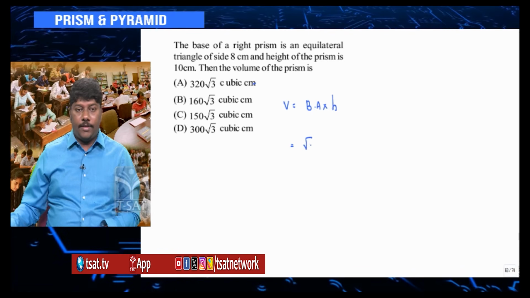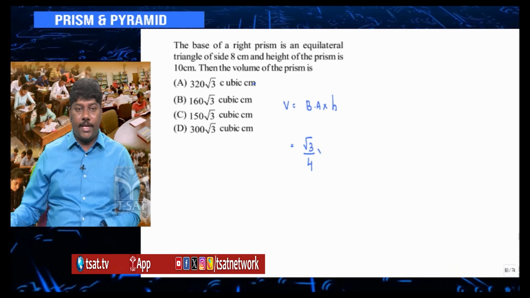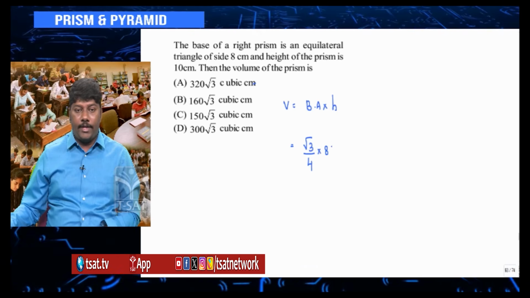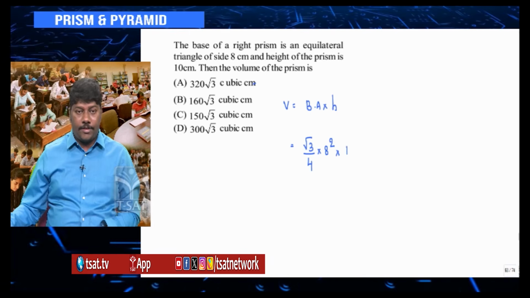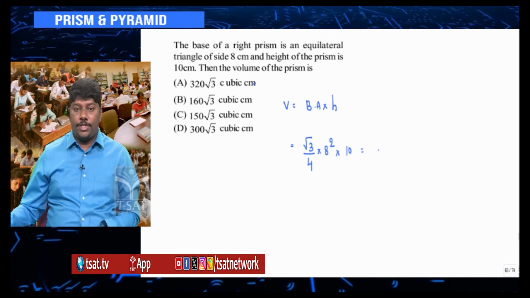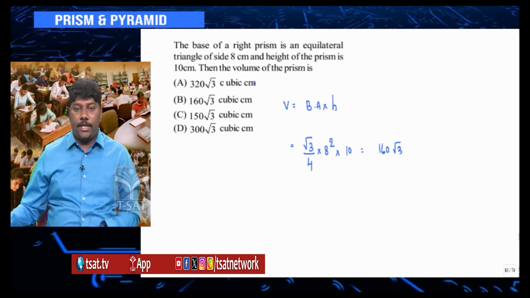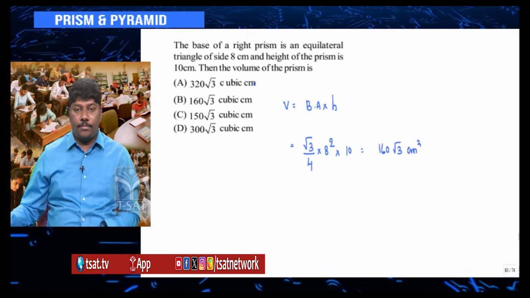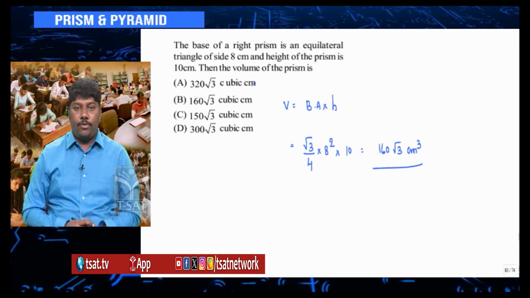The area of an equilateral triangle is √3/4 a square, where a is the side, so 8 square. The height of the prism is 10 centimeters. So 64/4 is 16, and 16 into 10 is 160√3 centimeter cube. So that is the volume. Simply do base area into height.